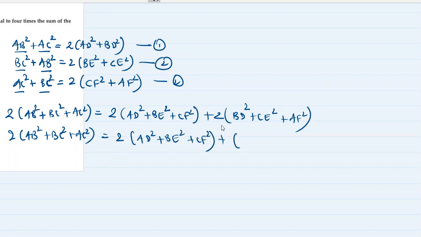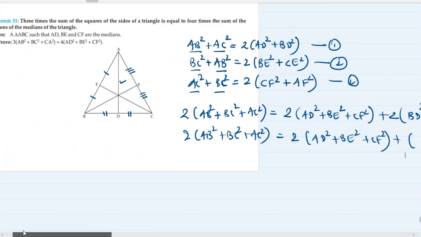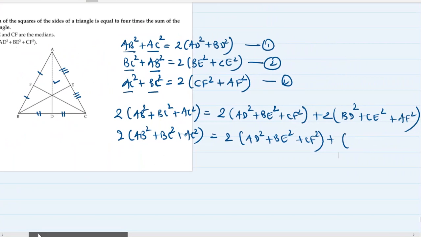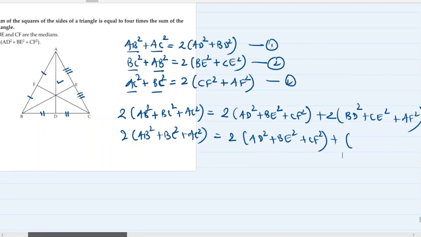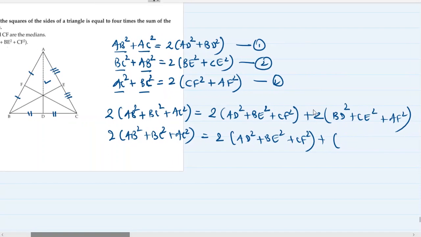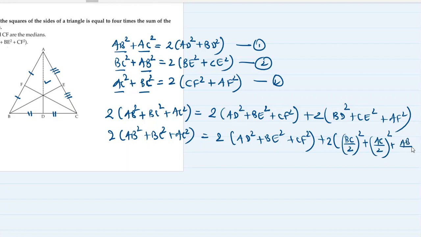Now here inside, in the place of BD, CE and AF, I'm going to change something. In the place of BD, I'm going to write BC by 2. So 2 times BC by 2 the whole square plus CE. In the place of CE, I'm going to write AC by 2 the whole square plus, in the place of AF, I'm going to write AB by 2 the whole square.